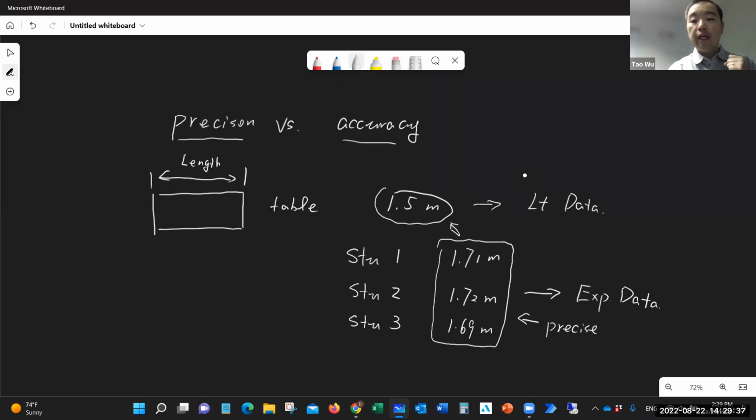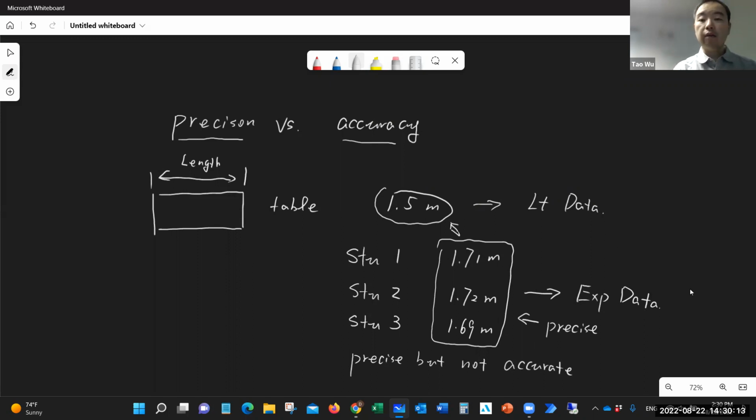But this data is not accurate, because it is away from 1.5, which means the experimental data is far from the literature data, and we call this inaccurate or not accurate. That makes sense, right? So this set of data is precise but not accurate.